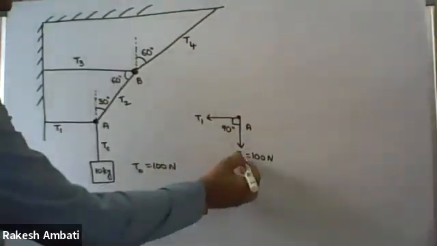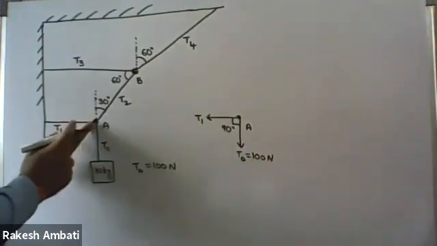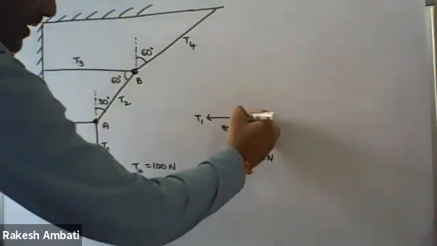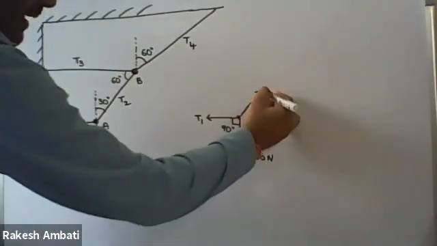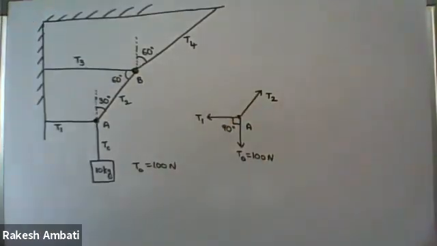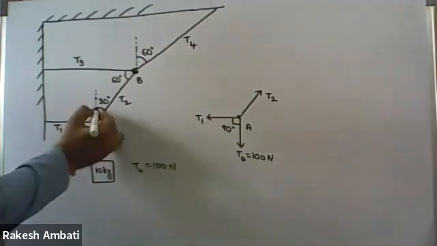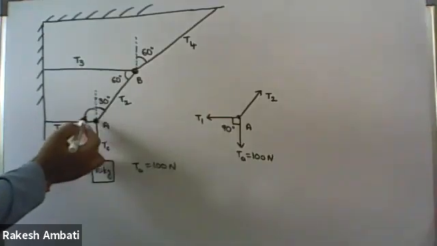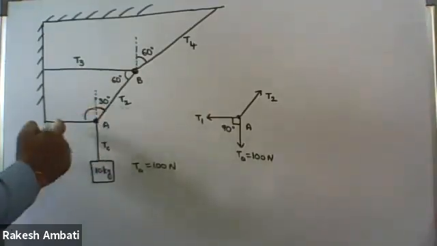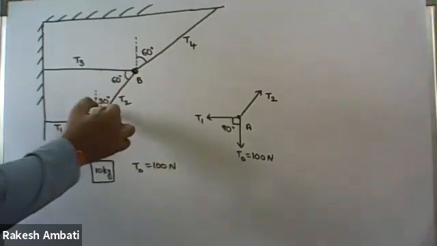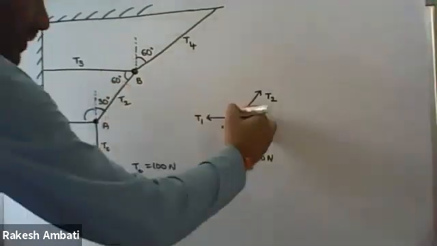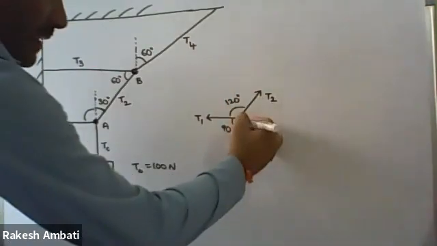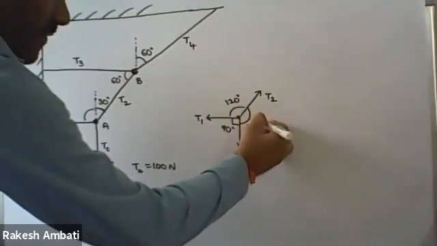Then for this tied point, the direction of tension force is away from the tied point. It is T2. So in this case, this angle 30 degrees, this angle 90 degrees. So totally between T1 and T2, this angle becomes 120, then automatically this angle becomes 150 degrees.